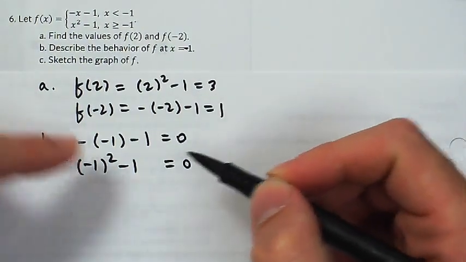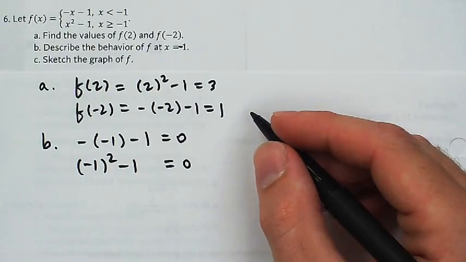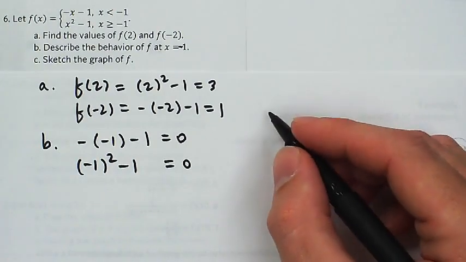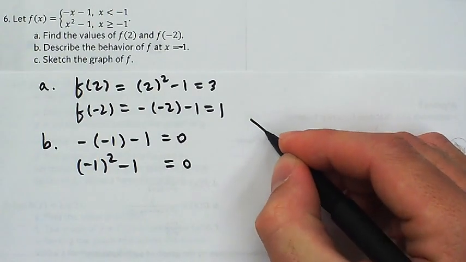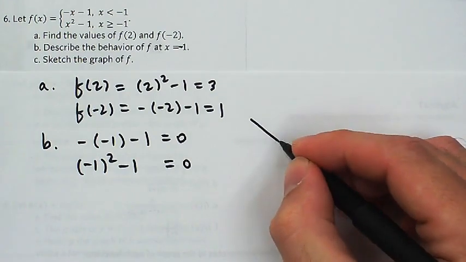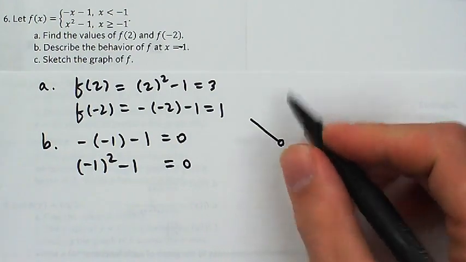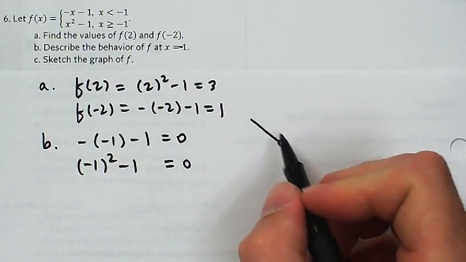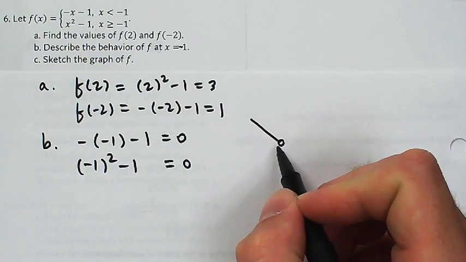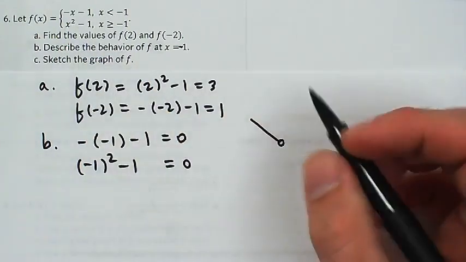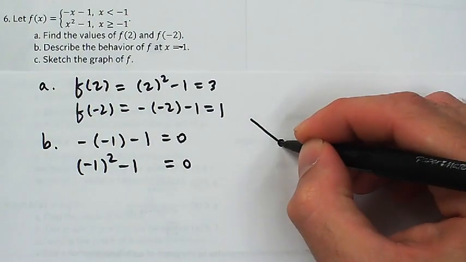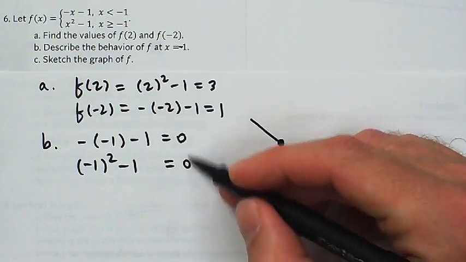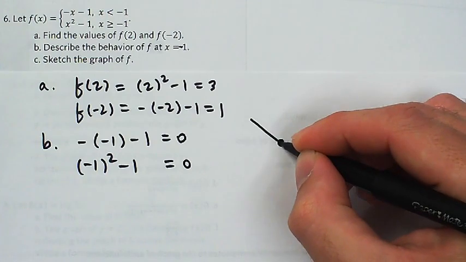So since they're approaching the same value, I've got this negative sloped line as long as x is less than negative 1, up to but not where it's equal. But then it's x squared minus 1, where x is negative 1. And we determined that they meet up there at 0.